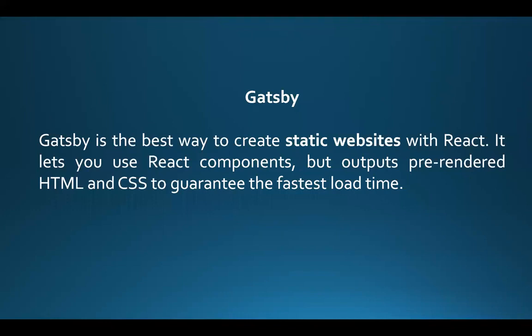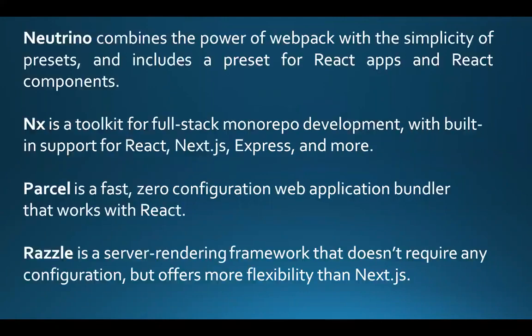In several projects, we need React in combination with other frameworks. React is popularly used with Next.js, React is also used with Gatsby, and with Neutrino. Neutrino is used for building effective React components. And we have NX, which is used for creating monorepo development applications.